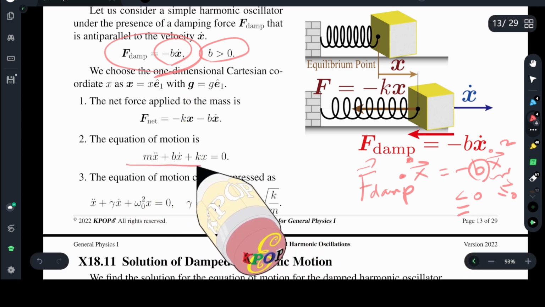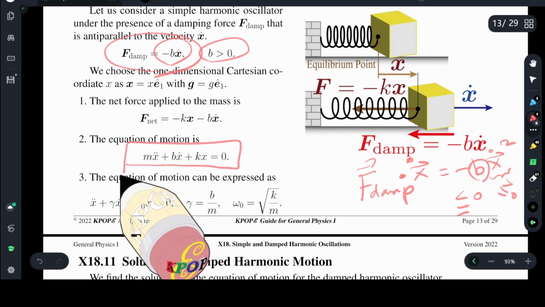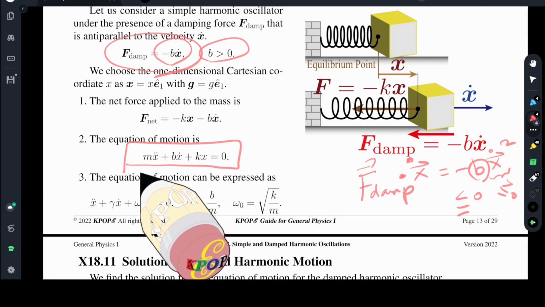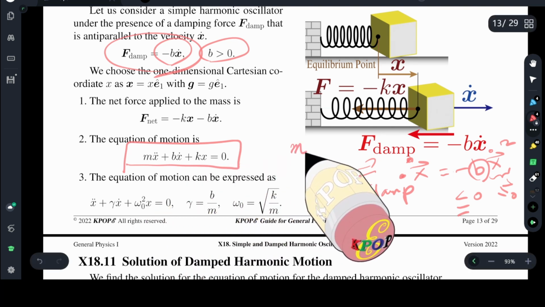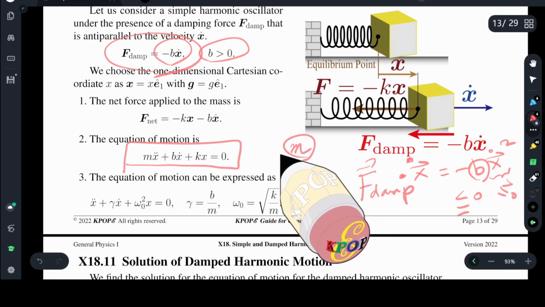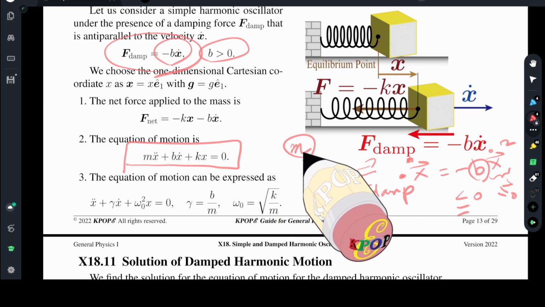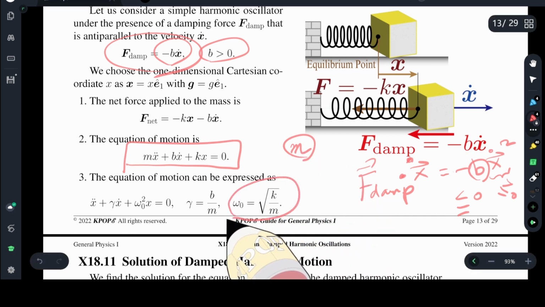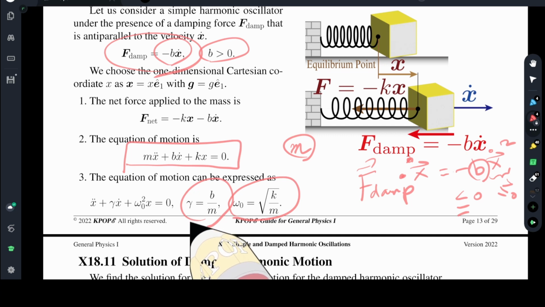The equation of motion is written in this form when we rescale this equation with m, just like what we have done with the simple harmonic oscillator with characteristic frequency square root of k over m. And we define a new parameter, b over mass m.